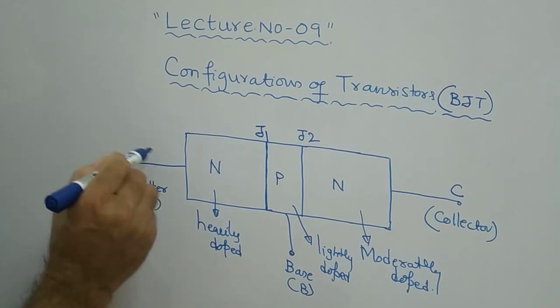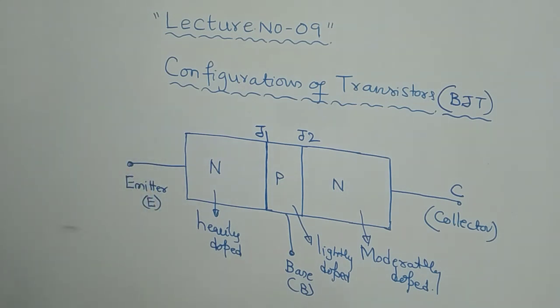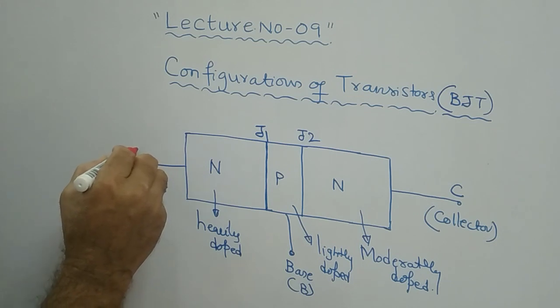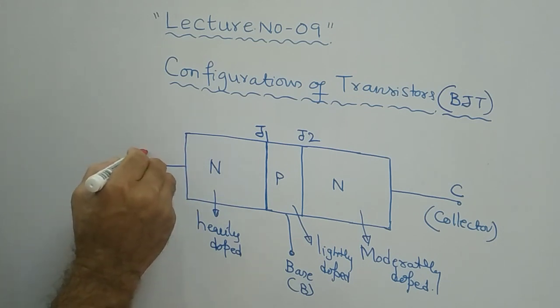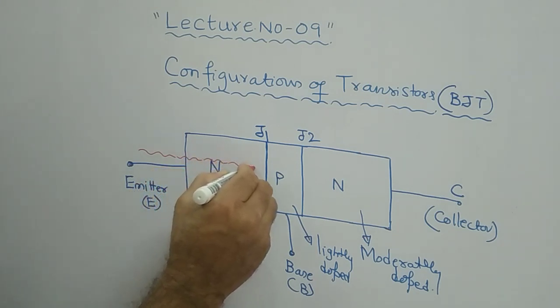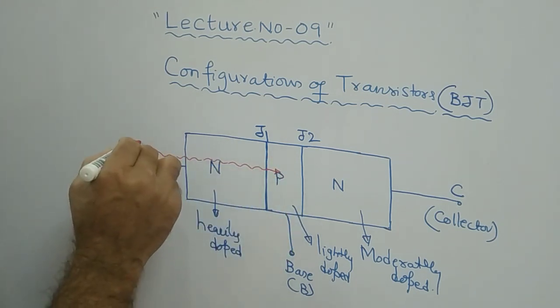Now what happens actually? This particular emitter terminal injects or emits electrons. Let us say these are the flow of electrons.